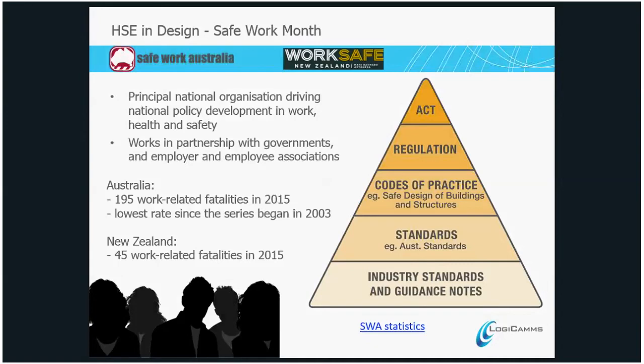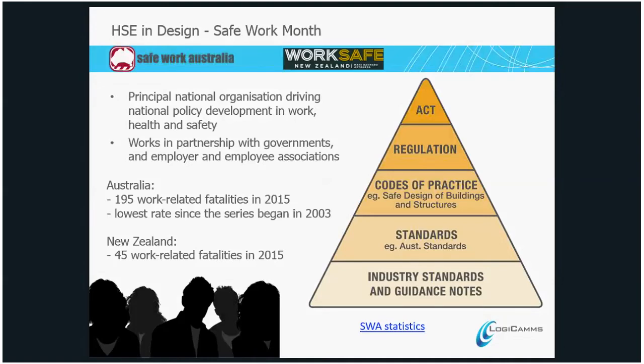And as I mentioned before, in 2015 there were 195 work-related fatalities. That's still far too high. However, the number is reducing from where it was in 2003. There were 45 work-related fatalities in New Zealand in 2015, and from a population perspective, the ratios are similar, with New Zealand being slightly higher than Australia.